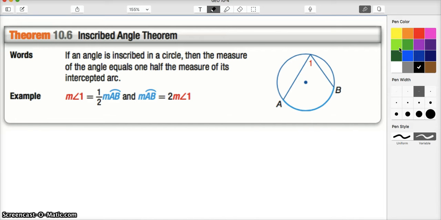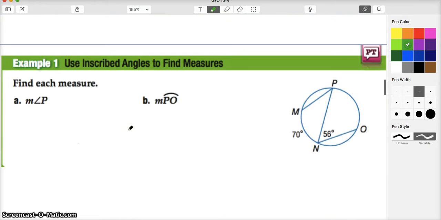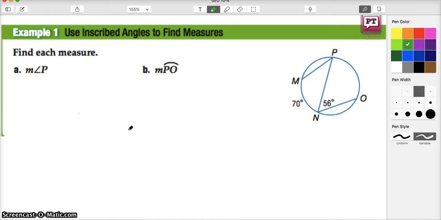That also goes back to the central angle, because we remember that the central angle has the same measure as the intercepted arc, but the inscribed angle is going to be half of that. Let's see if we can use that to help us with example 1.